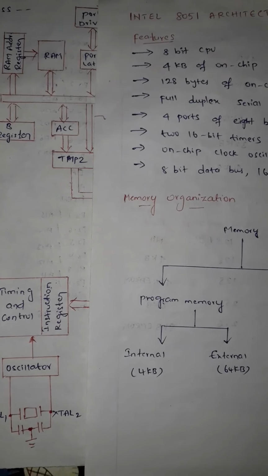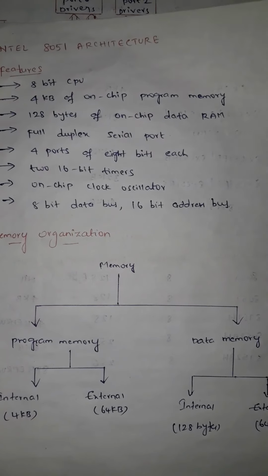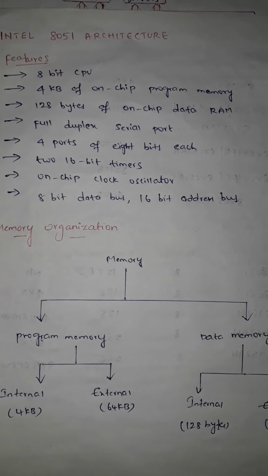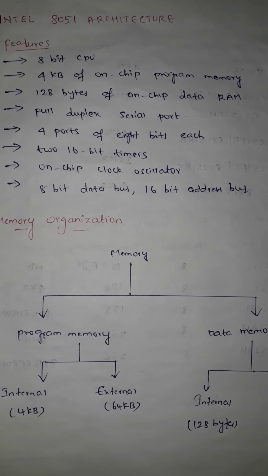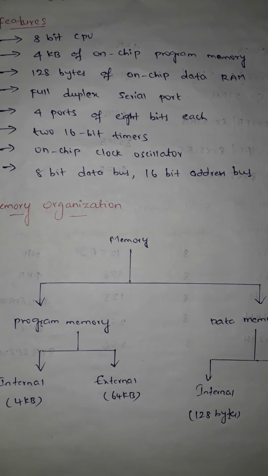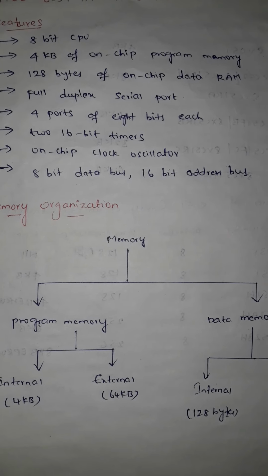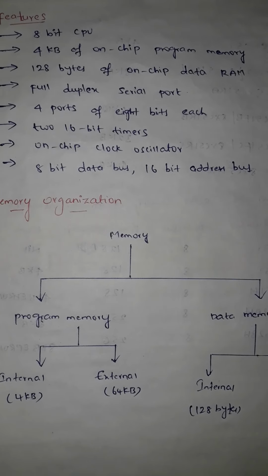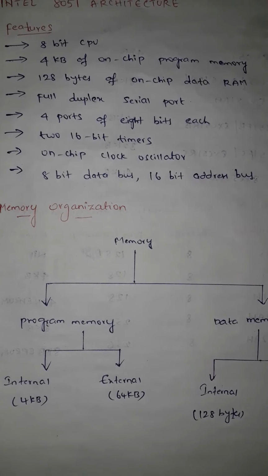The size of the data bus is 8 bits and the size of the address bus is 16 bits. By using the 8-bit data bus, you can transmit or receive 8 bits of data. By using the 16-bit address bus, you can address 64 KB of memory, that is 2 power 16 bytes of memory.